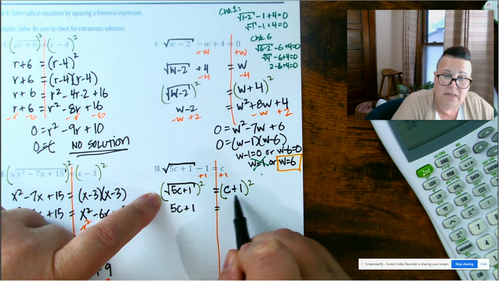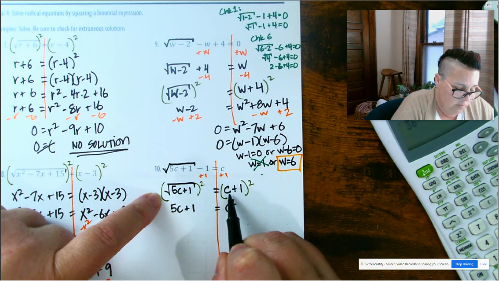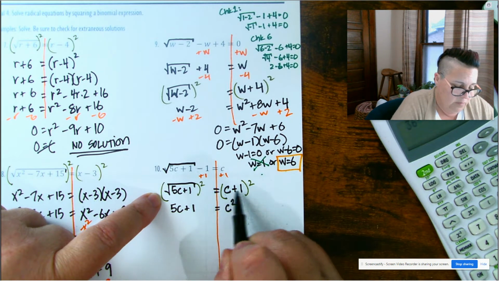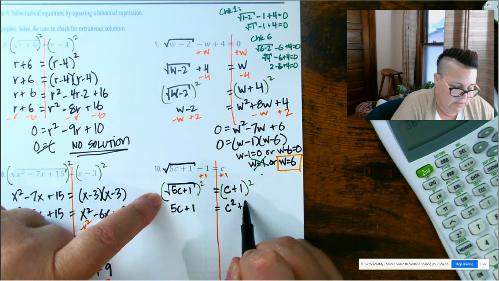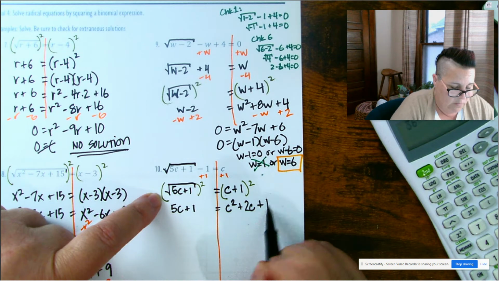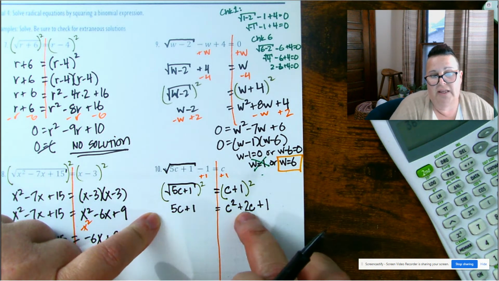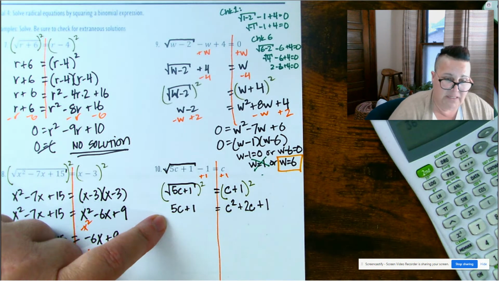This is going to be a perfect square trinomial, so it's going to be c squared plus, multiply together and double it, 2c, plus squaring the last one, 1 times 1 is 1. Now, I want to solve this, so I want to move the 5c over.